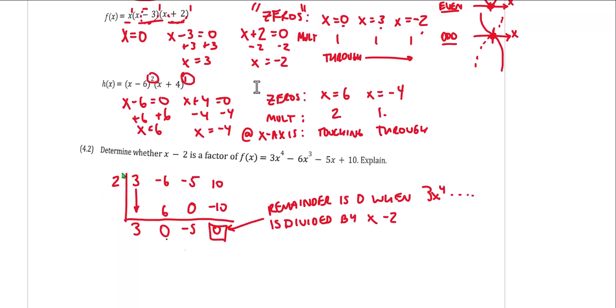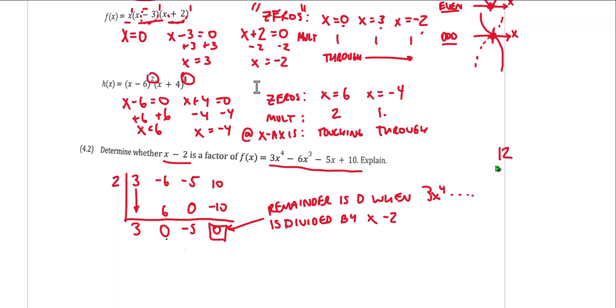This is just a shortcut way of dividing a polynomial of a certain degree by some linear factor. So when we divide 3x to the 4th and so on by x minus 2, we're getting a remainder of 0. And when we divide something by something else and get a remainder of 0, we know that the numerator is divisible by the denominator.